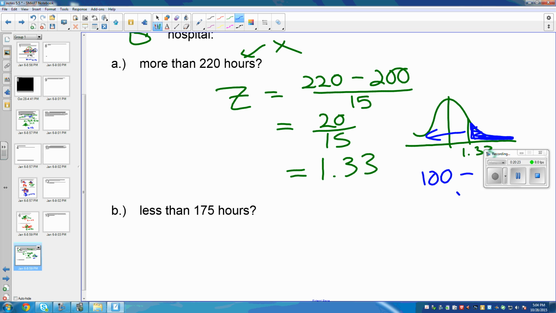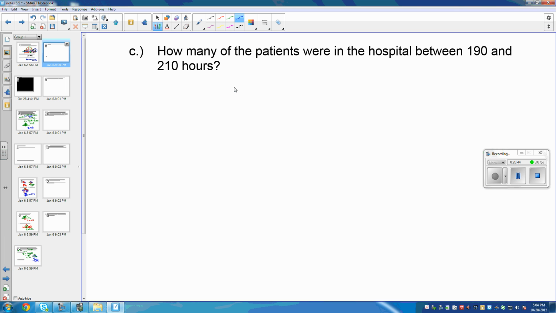Okay. If you want to try this one, you could try less than 175 hours. I think you guys will have an idea on this. We're just going to take a look at question C, because it's slightly different. It's not asking for a percentage like this. This is saying what's the probability or what's the percentage that some patient will end up in this.